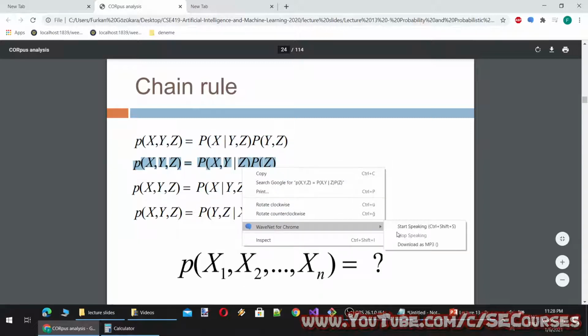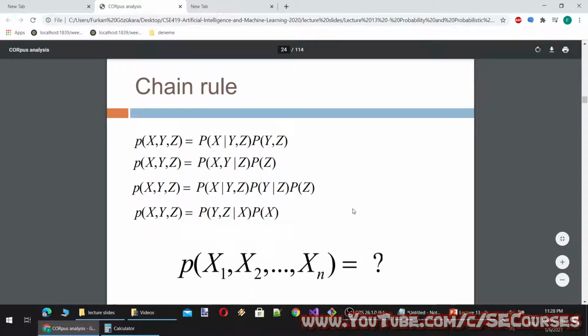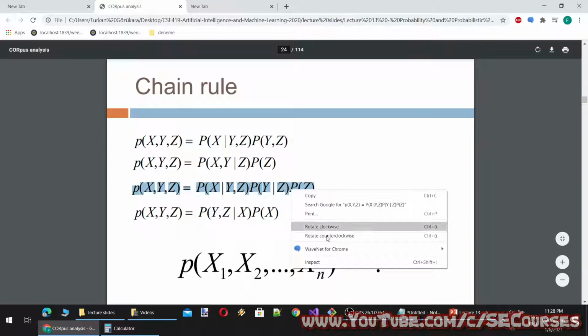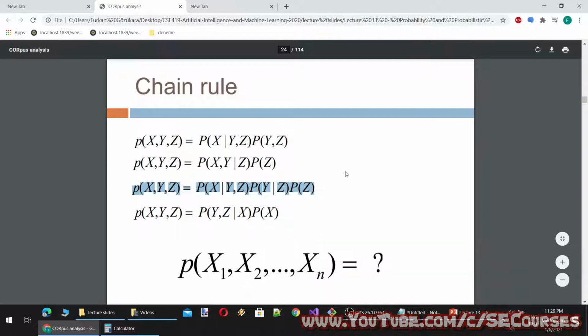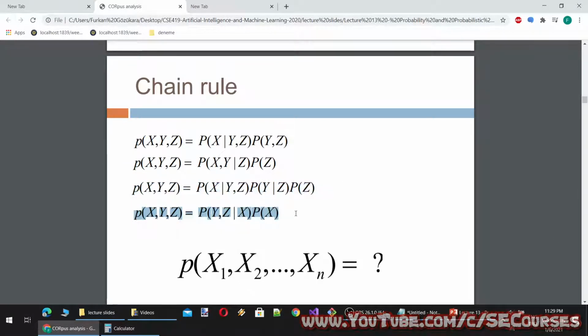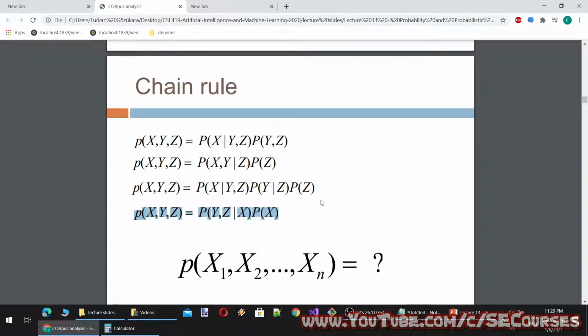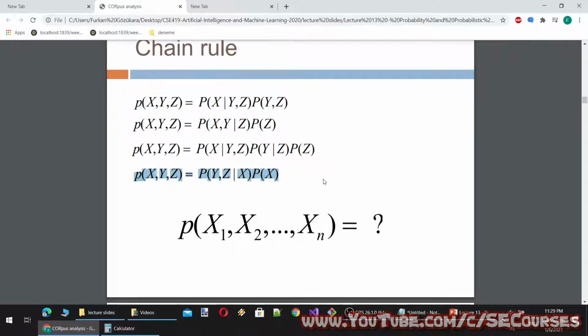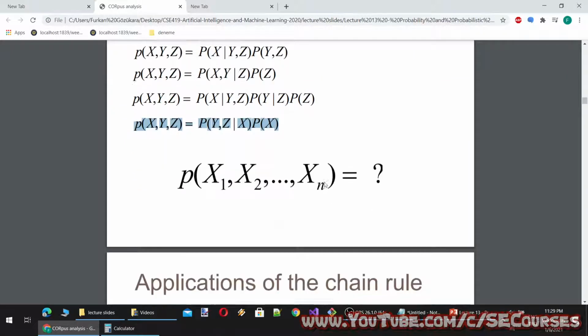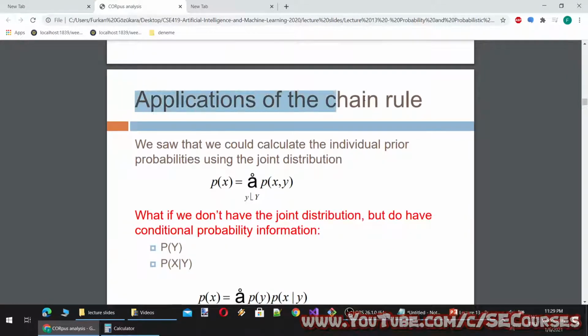Or it can be written like this: P(x,y,z) equals P(x|y,z) P(y|z) P(z). Or P(x,y,z) equals P(y,z|x) P(x). Okay.